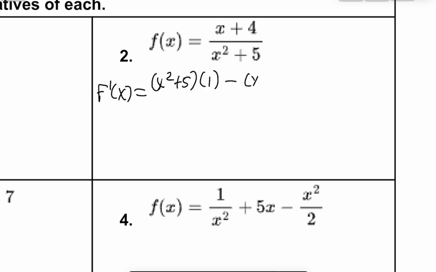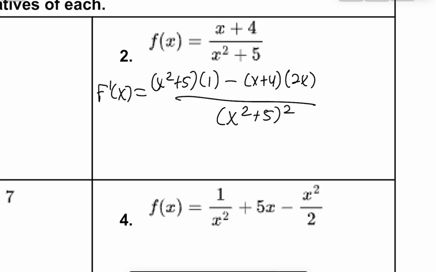Minus the top, in parentheses. Times the derivative of the bottom. The derivative of x squared plus 5 is just 2x. Because the only one that has a derivative that isn't 0 is that x squared. The 2 drops down in front, it becomes x to the first, 2x, okay? All over the bottom squared, write the bottom in parentheses squared. You're done. I don't care. Stop. You're good. Great. Okay. So that's all I need for the fraction one.